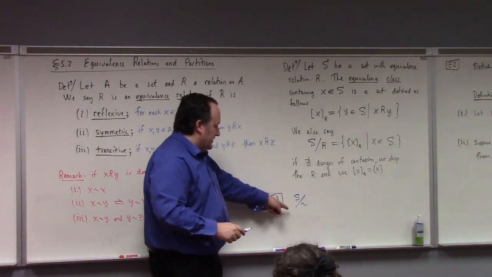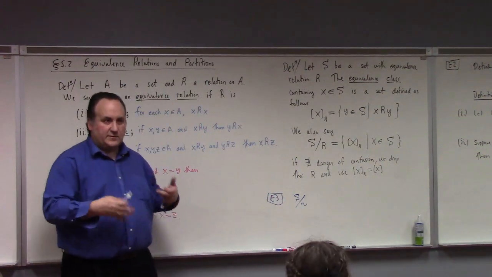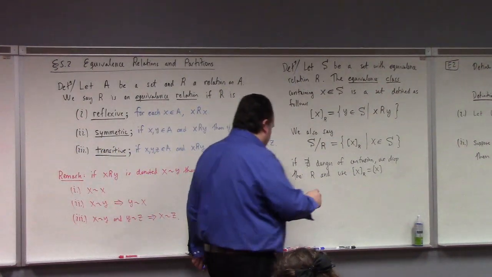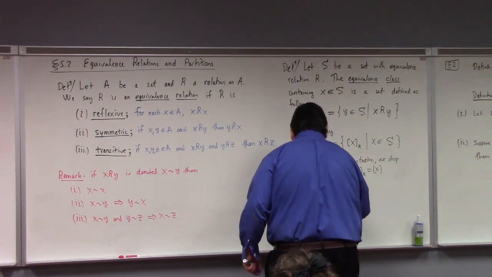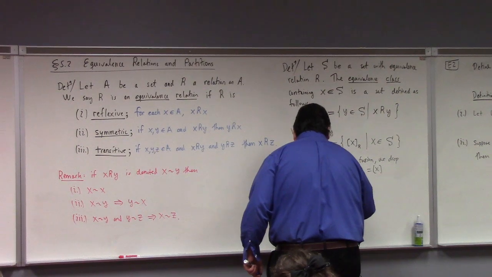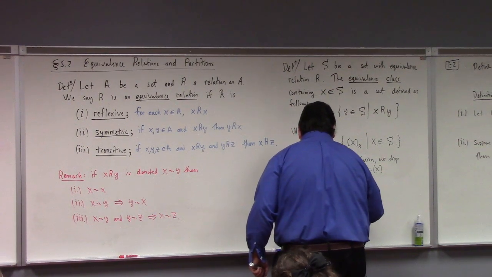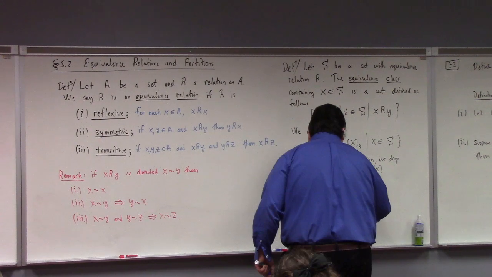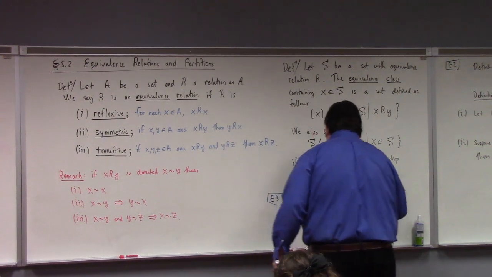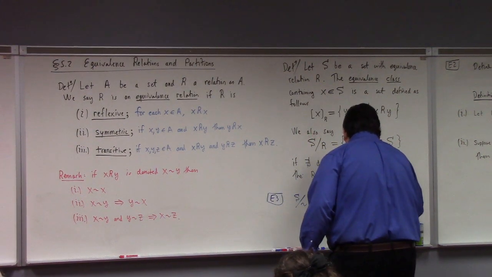If the R is denoted by a squiggle, we could write S divided by squiggle to denote the set of equivalence classes. This would be the equivalence class of (A, B) such that (A, B) is an element of S from the previous example.